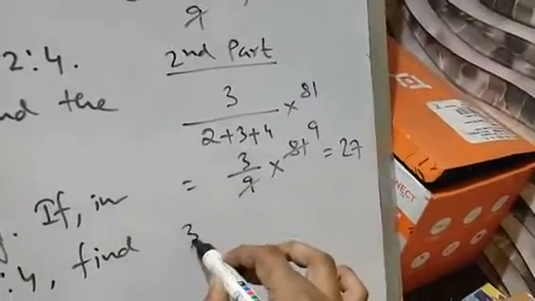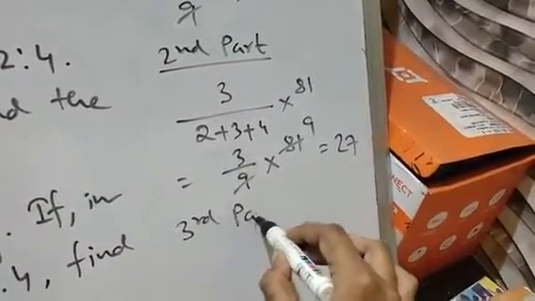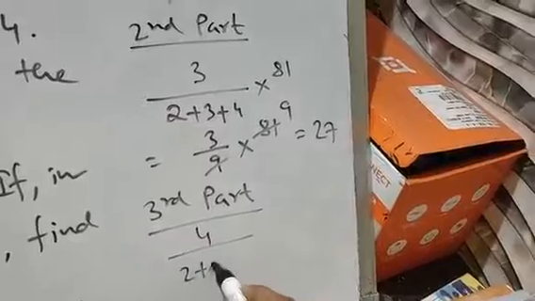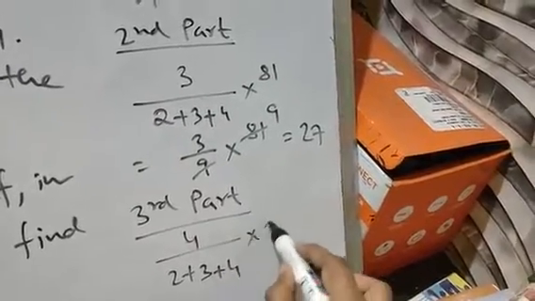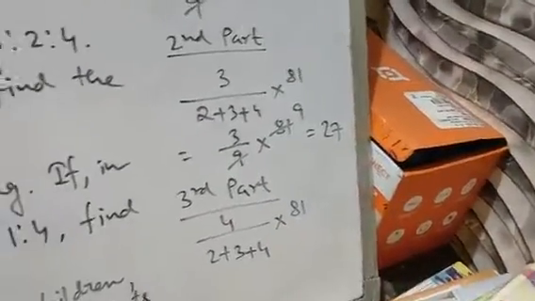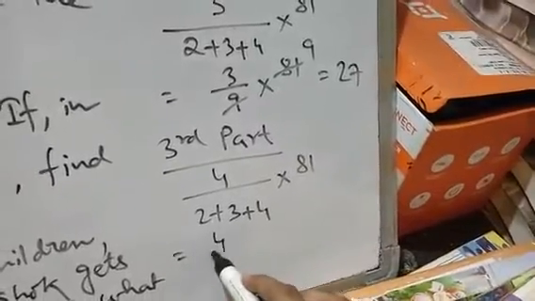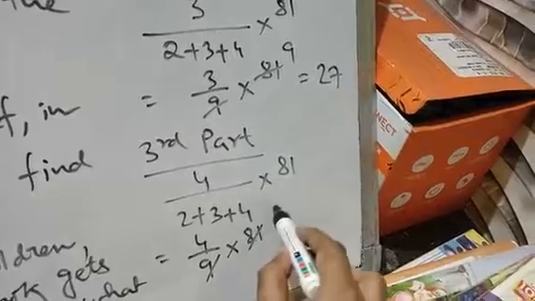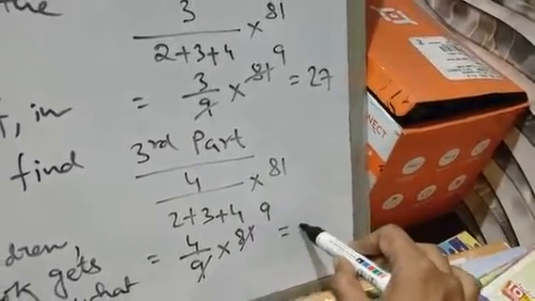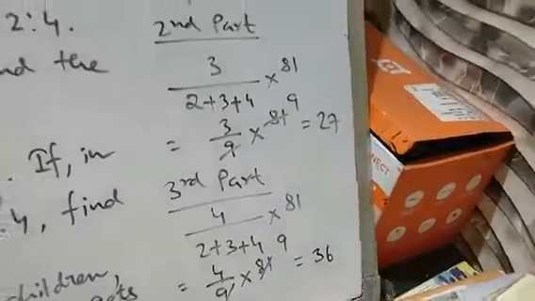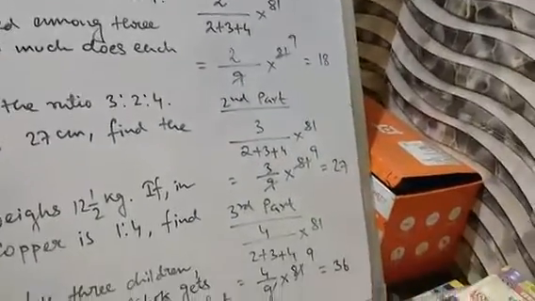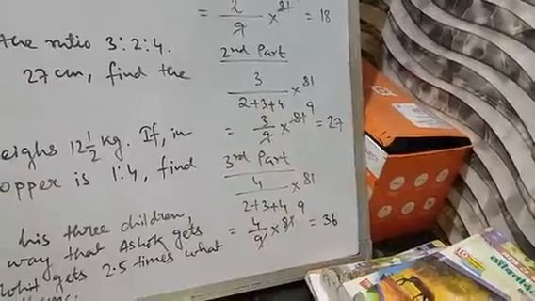Third part, it is 4 here, so 4 will be in the numerator, and in the denominator the same, 2 plus 3 plus 4, into 81, therefore 4 by 9 into 81, 9 9s are 81 and 4 9s are 36. So first part is 18, second part is 27, third part is 36.